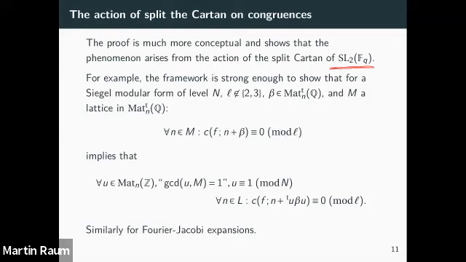The Cartan here acts automatically on these congruences, and then you get more congruences automatically. And this method is so robust that it does not at all depend on modular forms in the sense of elliptic modular forms.